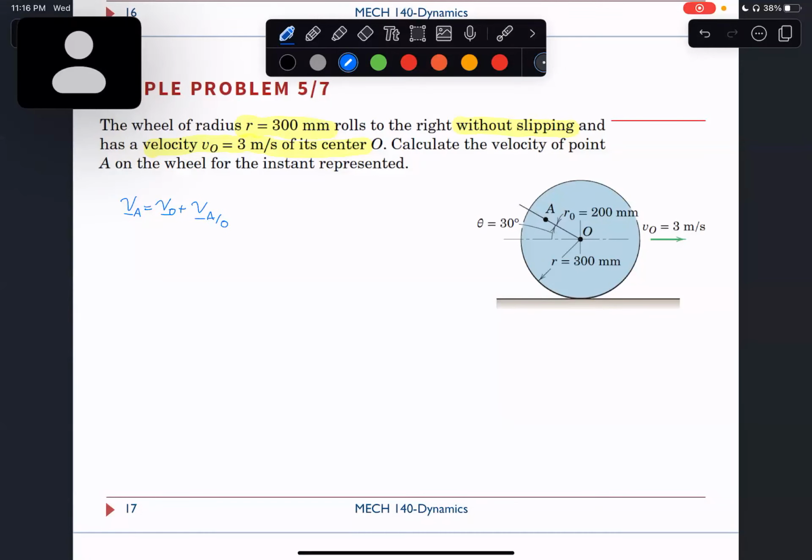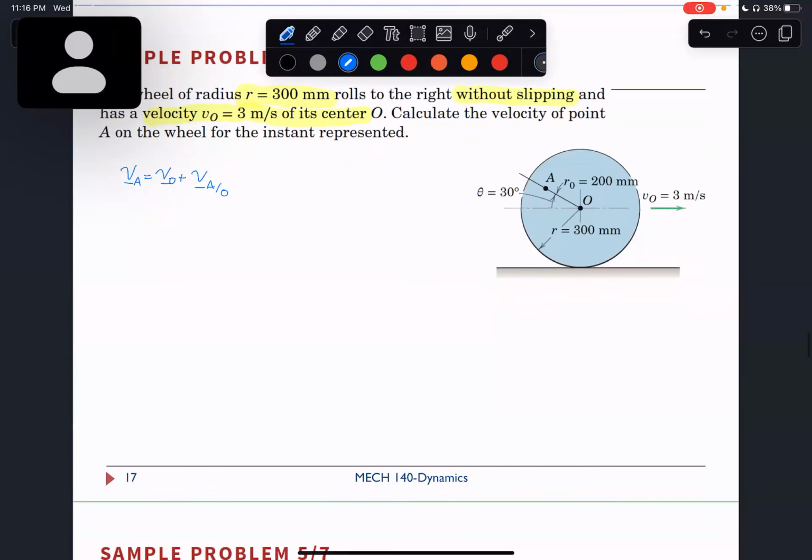And so what is VA relative to O? That's going to be this radius, RO, times theta dot, or omega. Let me write it as omega.